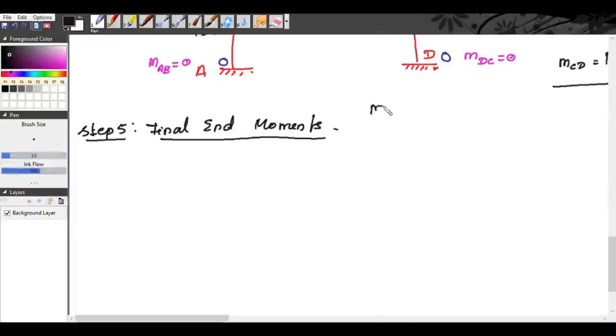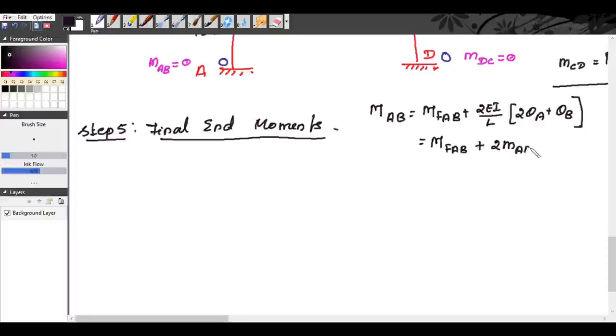So, we know for the slope deflection method, the final moment MAB will be equal to MFAB plus 2EI by L into 2 theta A plus theta B minus 3 delta by L. Here there is no delta, so we are not taking that. So, that means it is equal to MFAB plus 2MAB plus MBA. In general terms, we write it as MIJ is equal to MFIJ plus 2MIJ plus MJI.